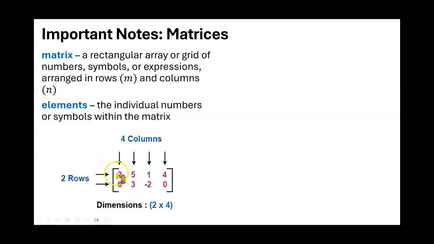The elements are those individual numbers, or sometimes expressions or symbols, inside your matrix. The dimension or size of a matrix is determined by the number of rows and columns. For example, this particular matrix is what we call a 2 by 4 matrix. We always mention the rows first before the number of columns.